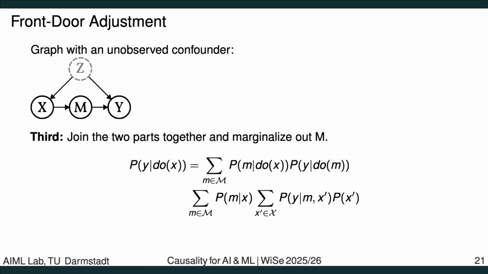So this x and this x are not the same, because here we have that x from the do operator, which is a particular value, or maybe the distribution we want to observe. And this is an intermediate variable, which we only need for the second part to do the adjustment here.